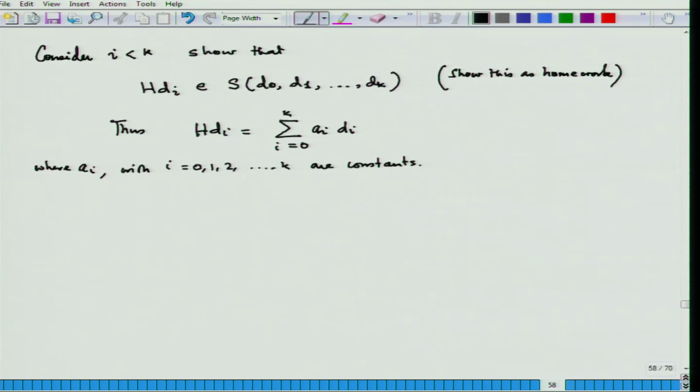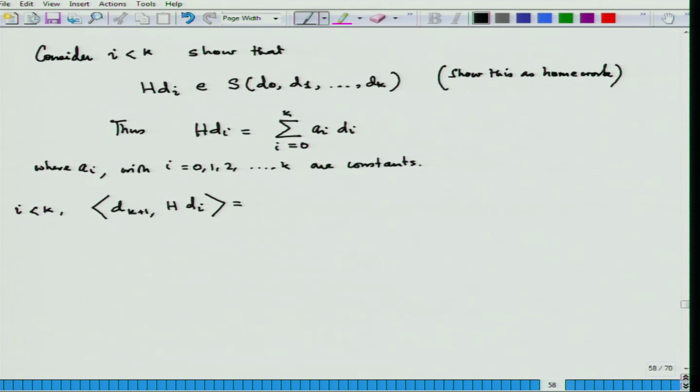And now once I know this, then I can go back to this part, because now I have to look into the case i strictly less than k, because for i equal to k I know that d k plus 1 h d k is 0. So, this can be again written as, because h d i is minus a i d i. Okay.